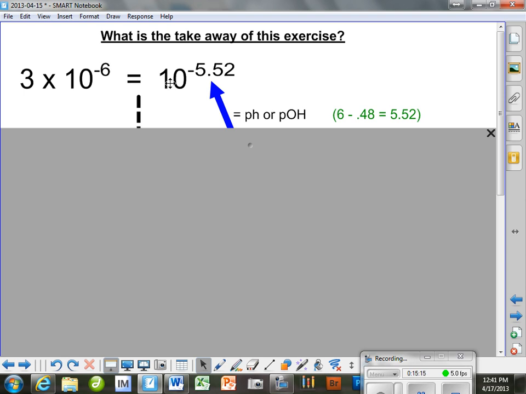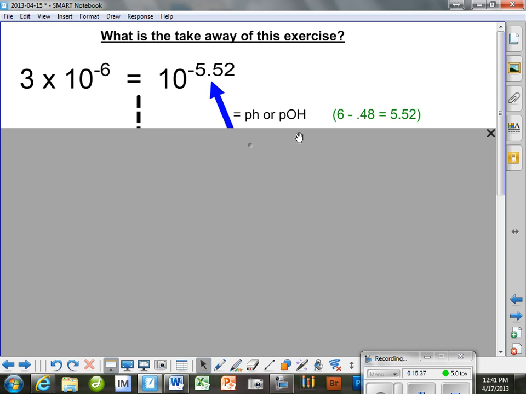And what is the log of 10 to any power? It is that power, isn't it? It's the exponent, and that's what the pH becomes. But in this case, it has to be negative. Well, no, this pH is positive because we did the minus log.